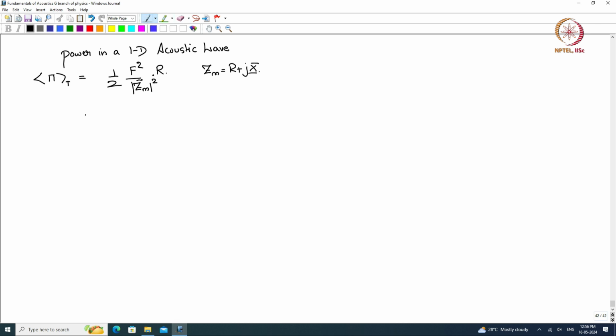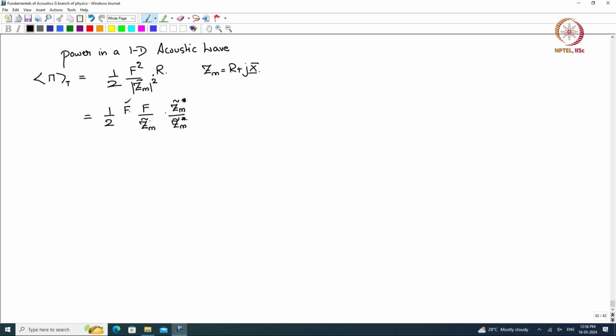We'll write this as 1/2 F, and then F by Z m tilde, then Z m tilde conjugate by Z m tilde conjugate.